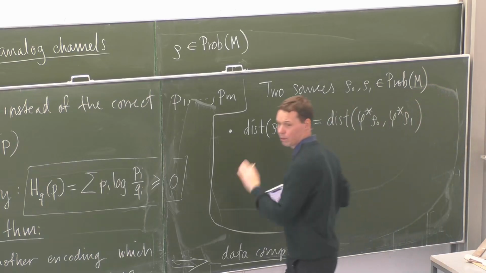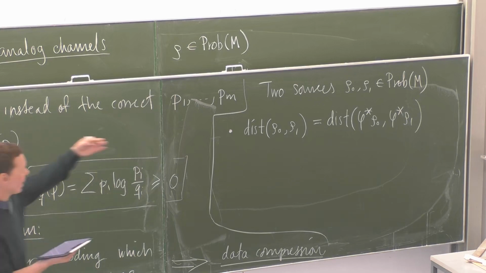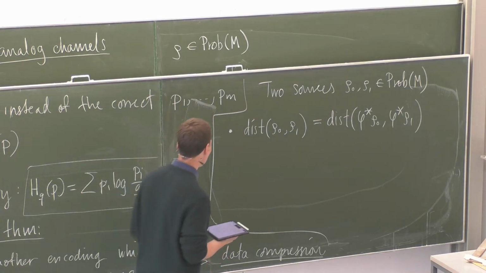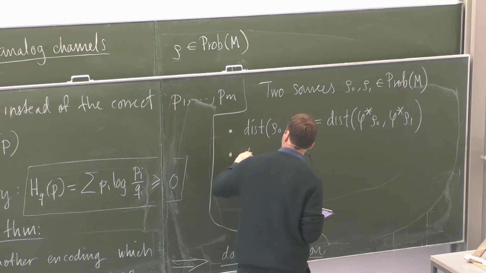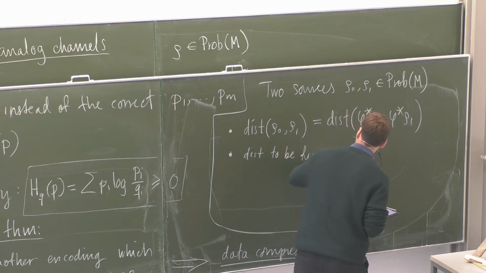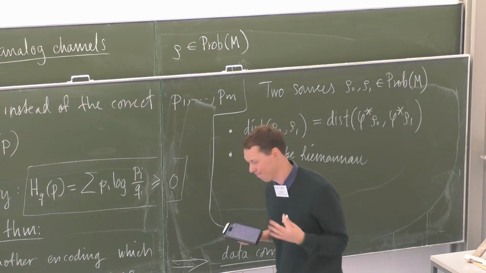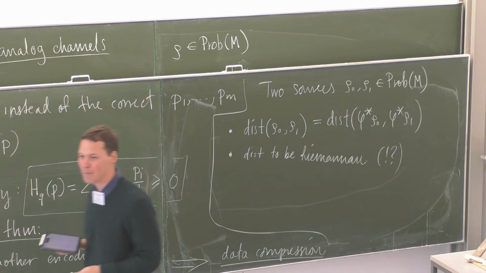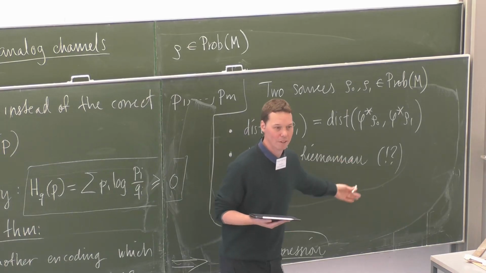So that's the first thing that we want, and I think this is a very reasonable thing to say if you want to disconnect this distance from the way that we actually encode the message. The next thing that we want is for this distance to be Riemannian. Why do we want this? Well, Riemannian is nice. I don't have a very good motivation for that, but maybe it is natural to look at a Riemannian distance.